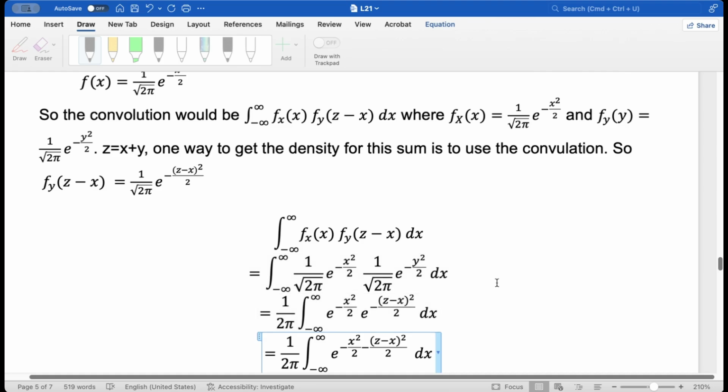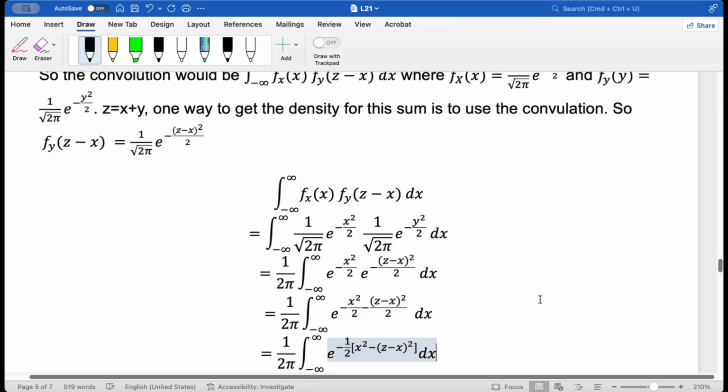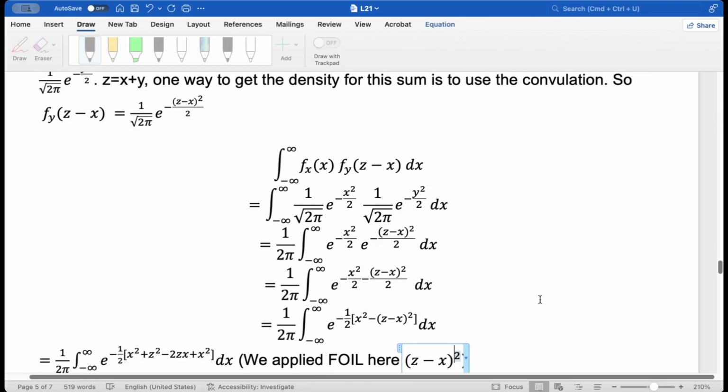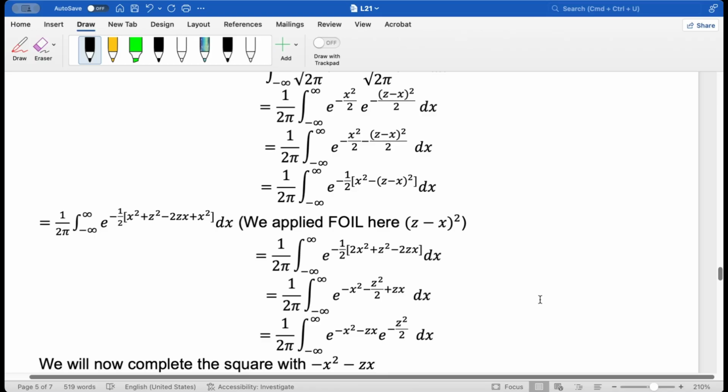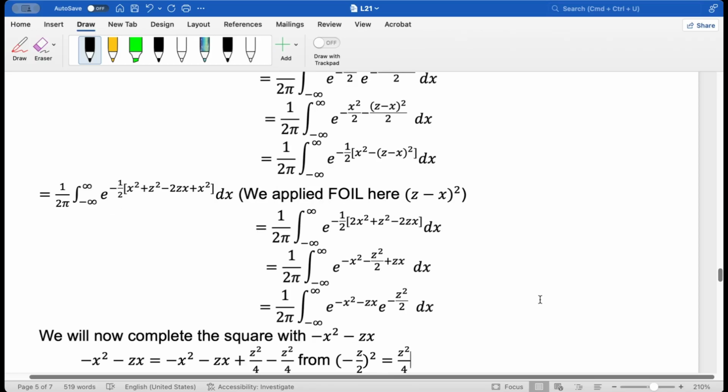Multiplying the e terms together, you're adding exponents. They're both negative. We do a factoring and multiplying out. And then eventually we do completing the square in x, and it amounts to adding and subtracting half the middle coefficient squared.